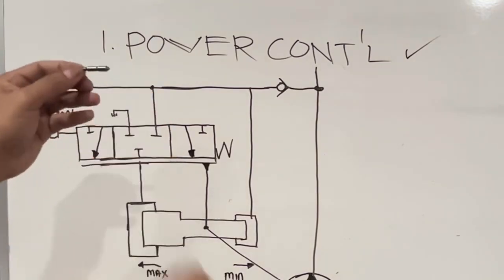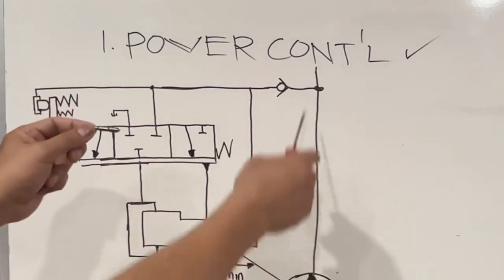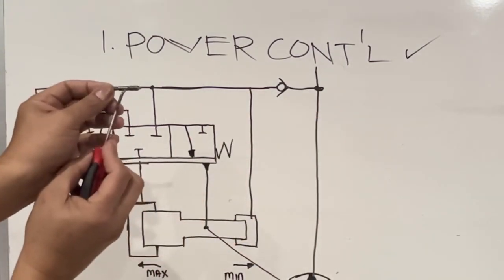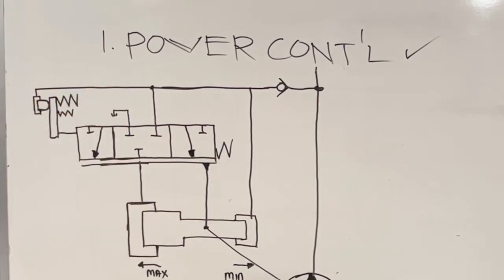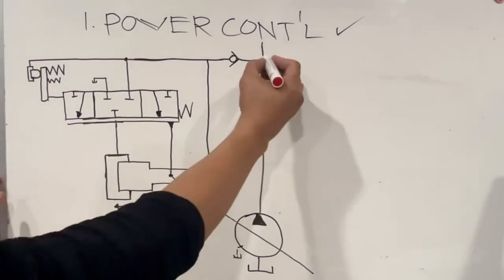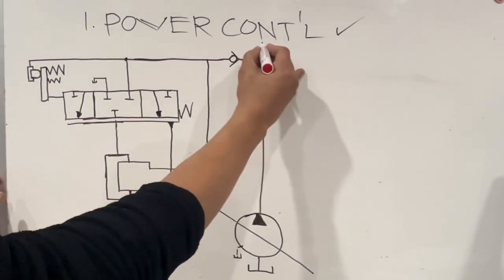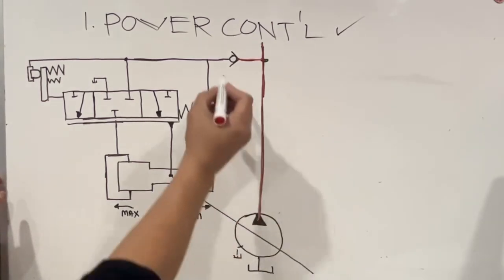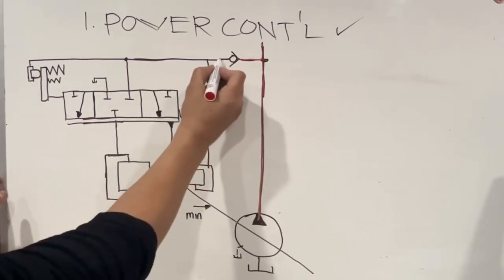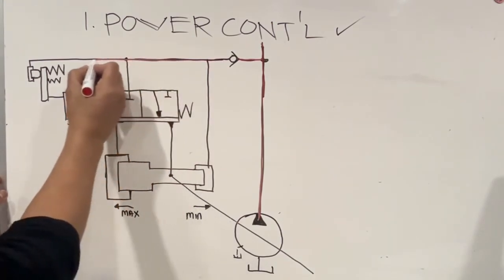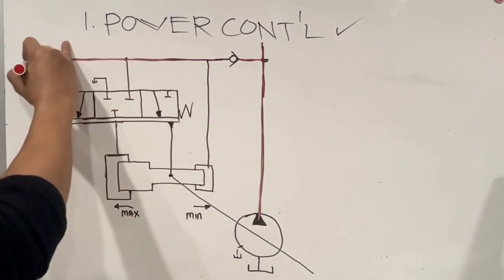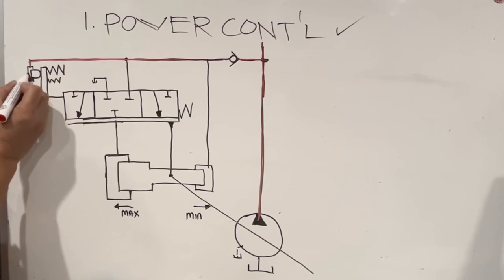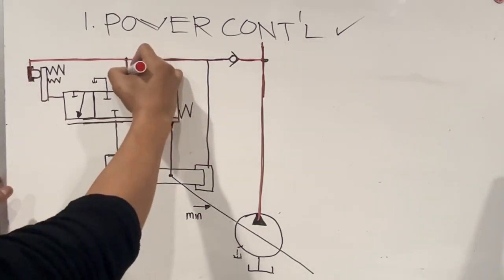This is the power piston, so this pump pressure is acting on this end area. So if the delivery pressure is increased, let's put a red. The check valve will open, and the delivery pressure also acts on here, and this will become red.